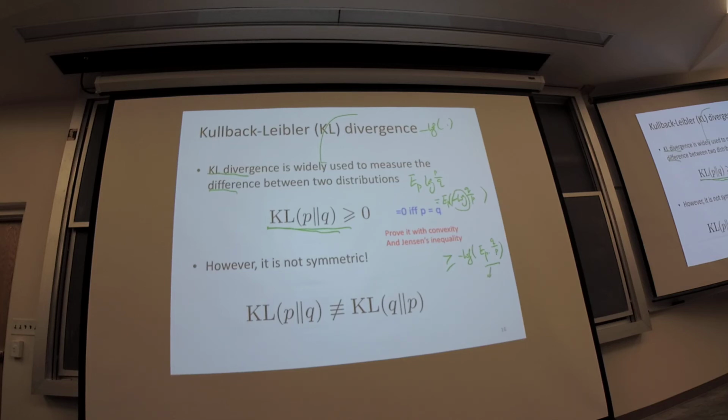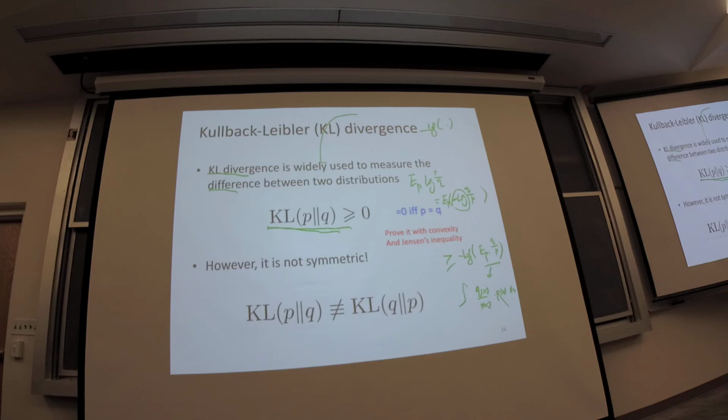If you're not clear, just write it down. It's Q(x) over P(x), and this is something we want to take the expectation of, right? So it should multiply with P(x) because it's with respect to P(x), and over P(x), right? So P(x) will cancel. So you integrate over Q(x) only.